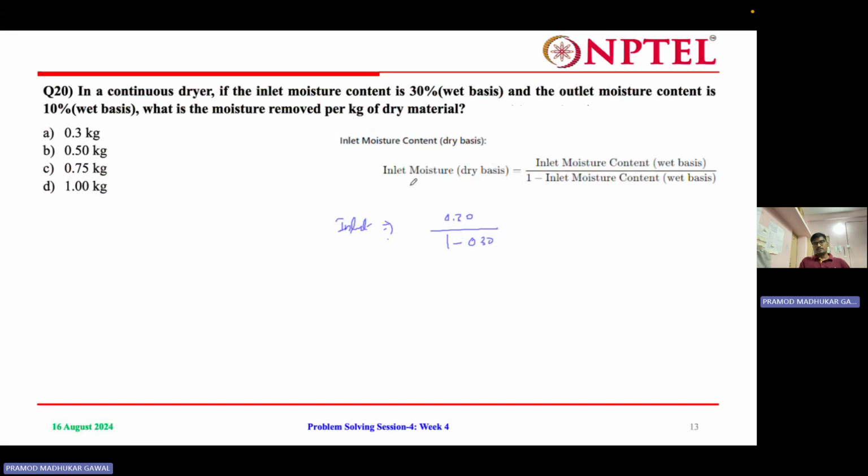Generally the moisture content on a dry basis is the moisture content divided by kg of dry material. To calculate the kg of dry material, it is 1 minus 0.3. So you will get 0.4286 kg moisture divided by kg dry solid.